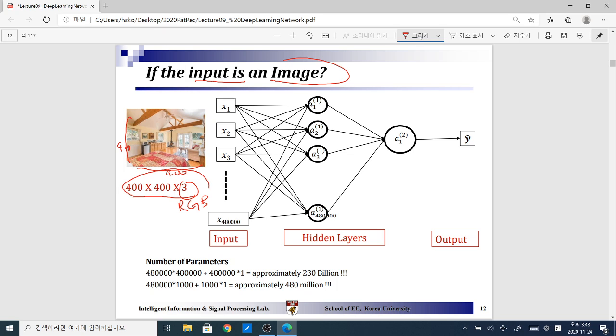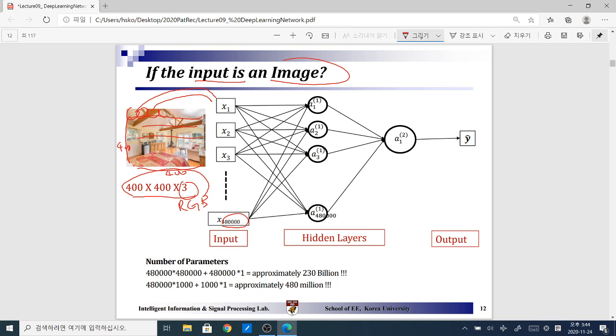That means that the total input dimension would be 480,000. By columnizing, by embedding all of these values into a single column, it would be 480,000 units in the input.